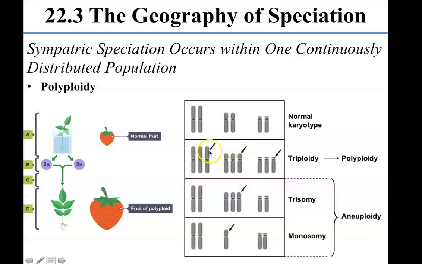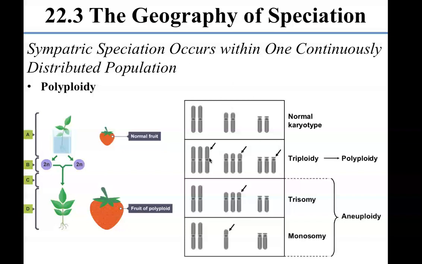And here you can see we've got triploidy. So instead of there being 2 homologous chromosomes, there's 3. This would be the consequence of an error in meiosis. So the resulting organism is going to have 3 copies of each chromosome instead of 2. All right? So that's triploidy. It's got 3 copies, but it's an example of polyploidy. Polyploidy, again, is just having 1 or more extra sets of chromosomes.